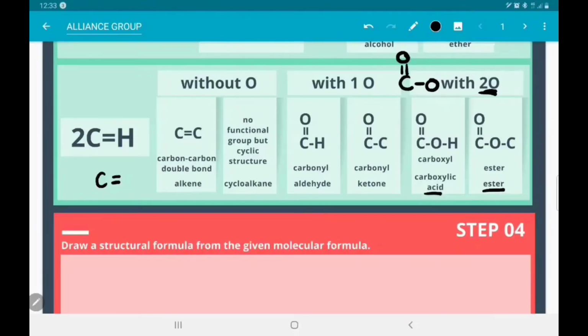Carboxylic acid is when the C double bond O is bonded with H, forming the functional group carboxyl, and another type is C double bond O bonded with C, forming ester with the functional group ester or carboalkoxy.